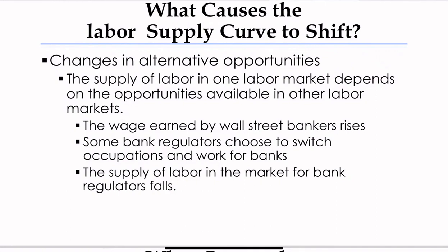So here we have an example about Wall Street bankers and Wall Street regulators. Let's say the wage earned by Wall Street bankers increases. Then you can imagine that some bank regulators will actually want to change jobs.